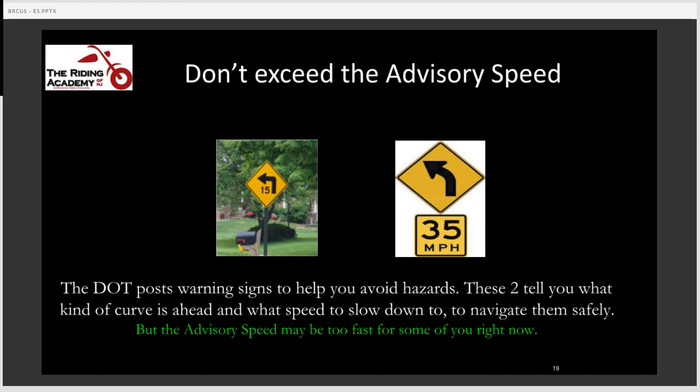Now, that speed of 35 may be a little bit too fast for some of you novice riders, so maybe you want to slow down to less than 35 miles per hour. Again, with these signs, the Department of Transportation is helping us, letting us know how we can be safe out there. Read the signs.